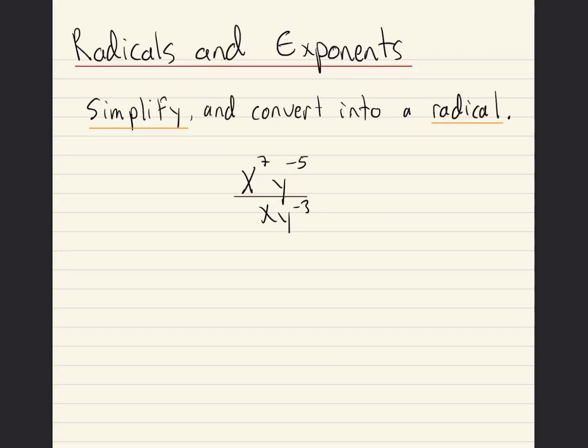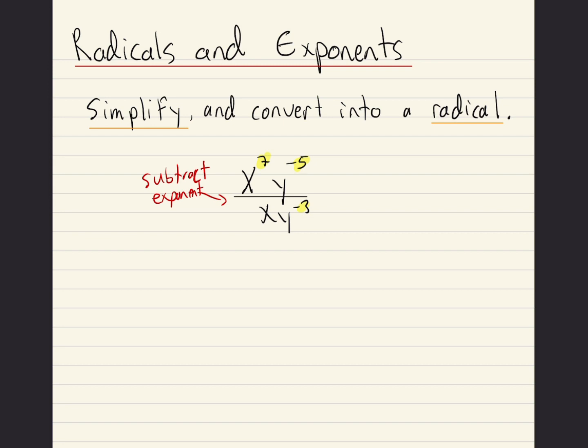Okay, so let's say we want to simplify and convert into a radical. We have an exponential over here, and we're going to simplify it first into a single exponent, and then convert that to a radical. So remember that when we're dividing, and I'll point to the line here, that means we must subtract the exponents, because when you divide exponents with the same base but different exponents, you have to subtract.